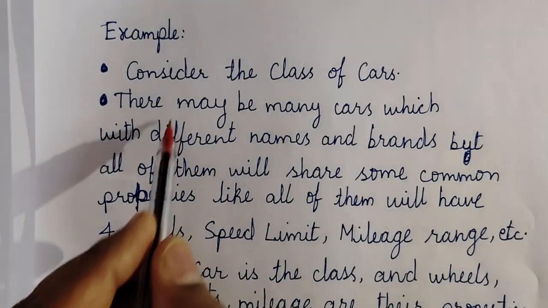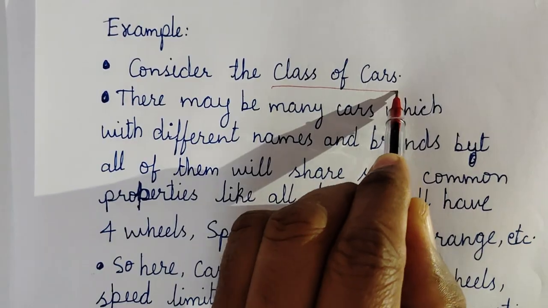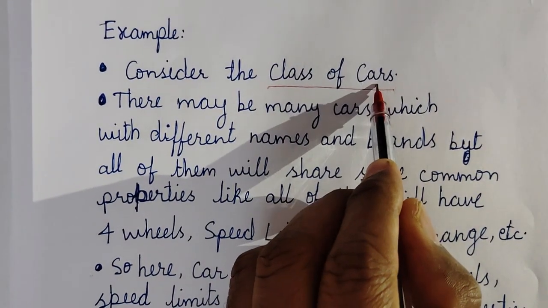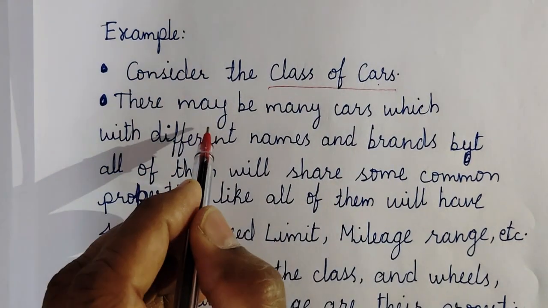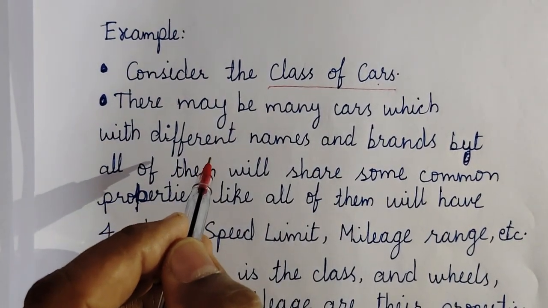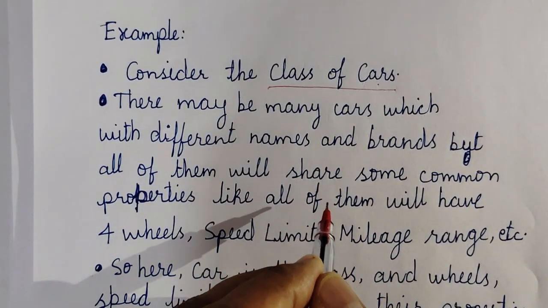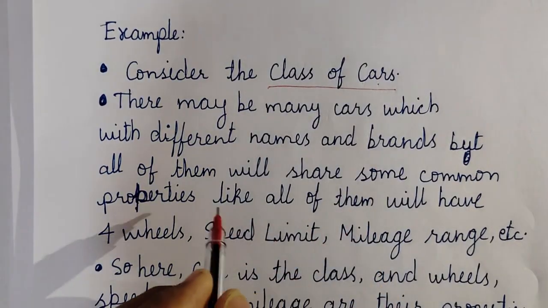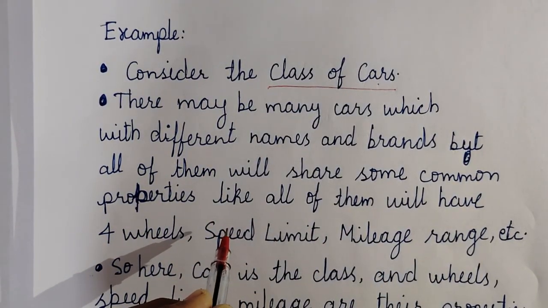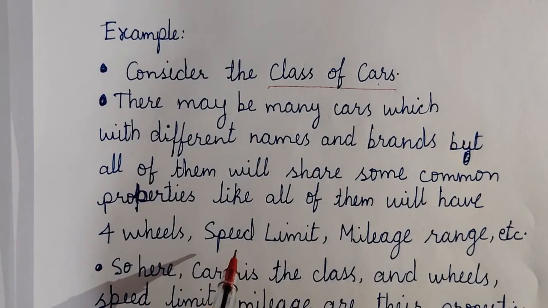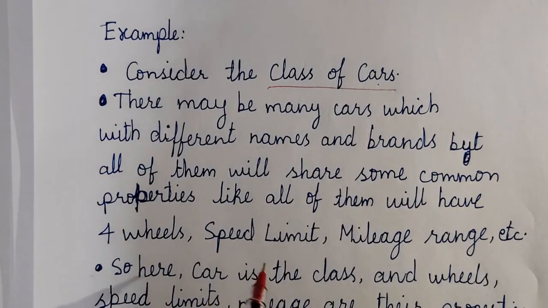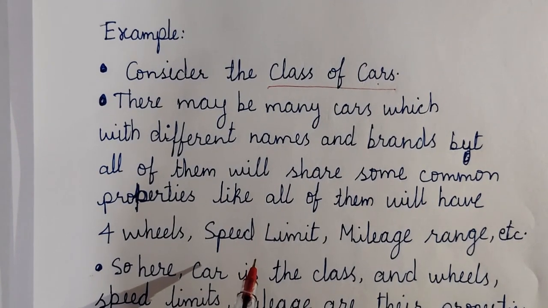The class car is related to the class. Cars have many names and brands, but all of them share some common properties like mechanical efficiency, fuel consumption, mileage, speed limit, four wheels, the type of wheels, and the properties of the wheels, etc.